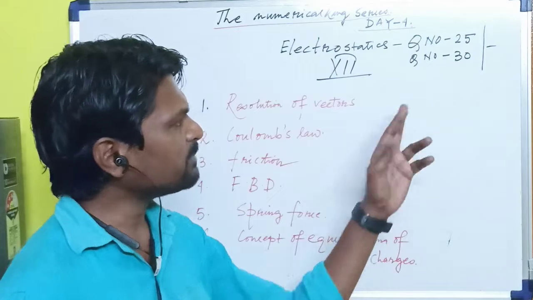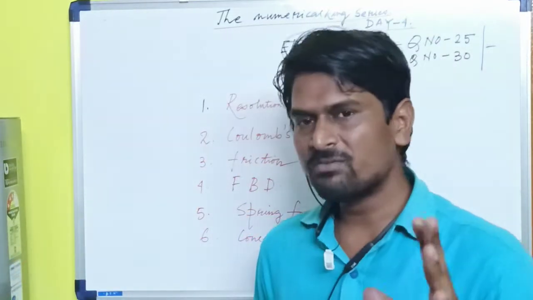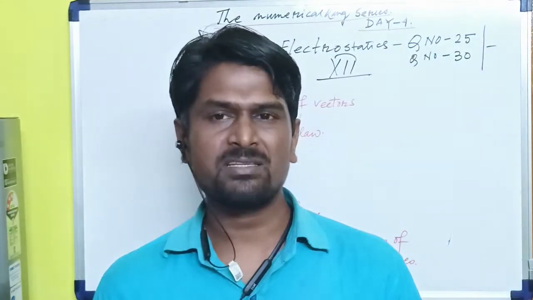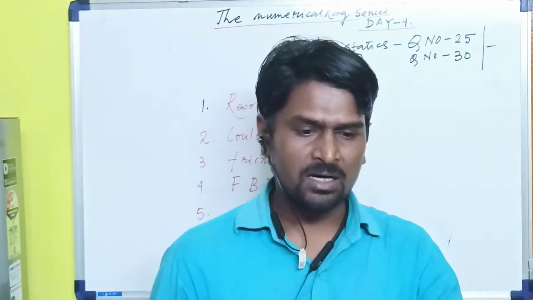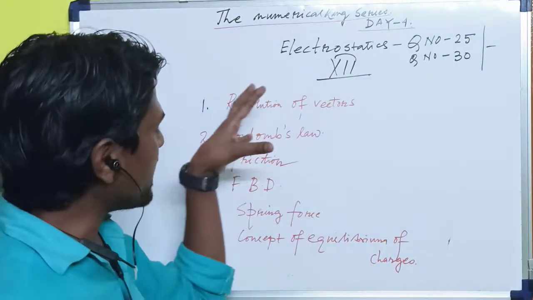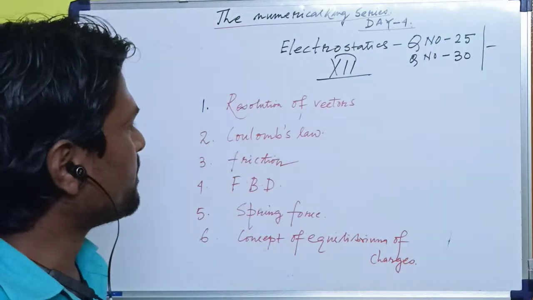For these numericals, it is very important to clear 25 to 30, because all the numericals from 25 to 30 cover these 6 types of concepts.